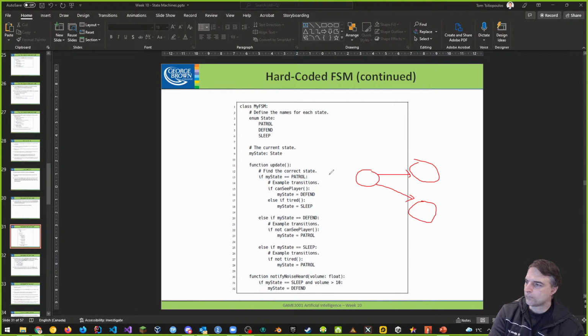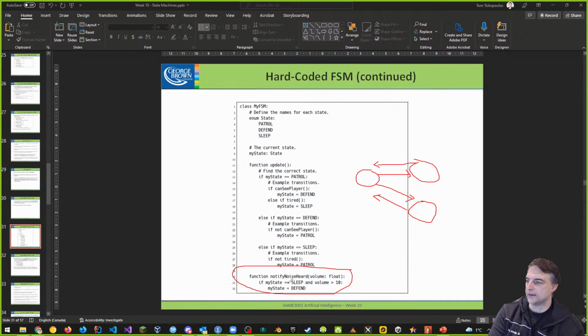And what about defend? Defend, again, the only thing I can do is go back to patrol. Defend can only go back to patrol, and sleep can only go back to patrol. Notice that there's nothing that says anything about going from defend to sleep or from sleep to defend, except for this part right here, which can be quite confusing.